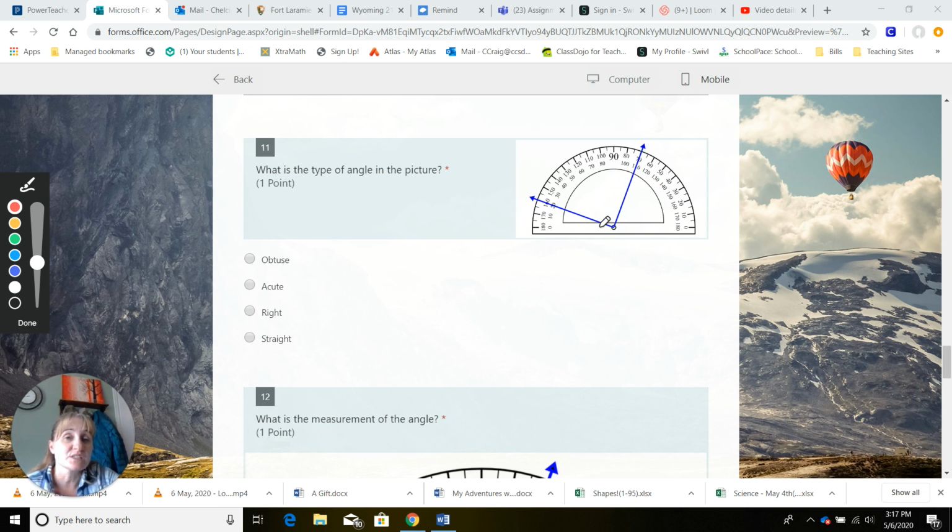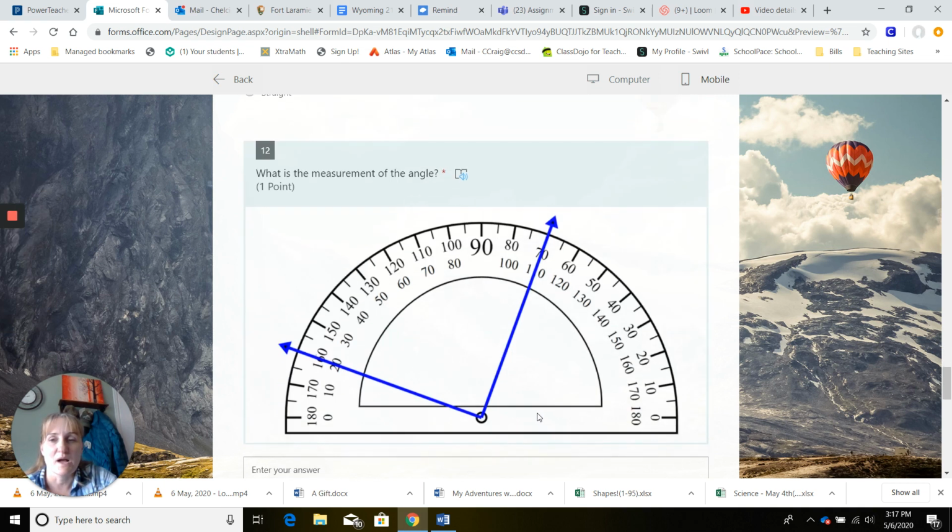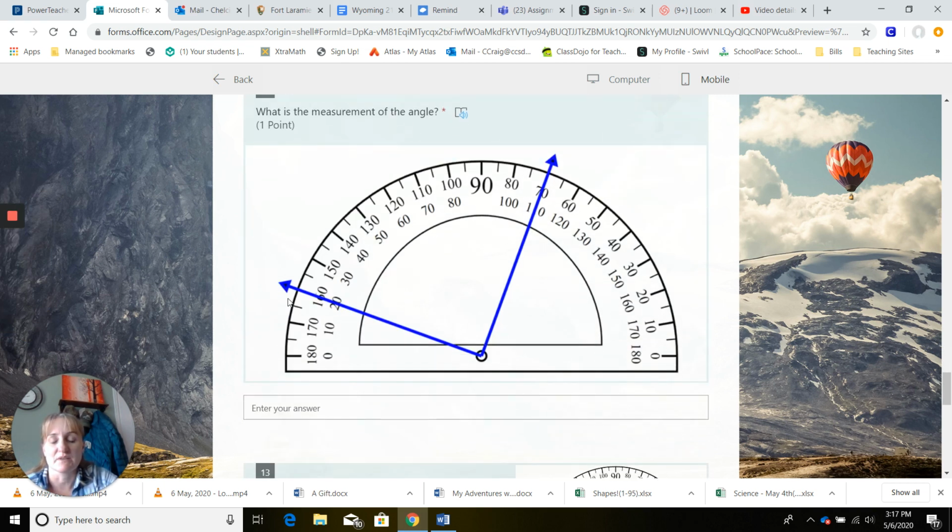Well, you would think so, but that really works perfectly when you have a line right here at 0. So we need to look at this a little bit differently. So I'm at 11, but I will come back to it because it's important not to leave any answer blank. Let's go down to number 12. We'll come back to it.